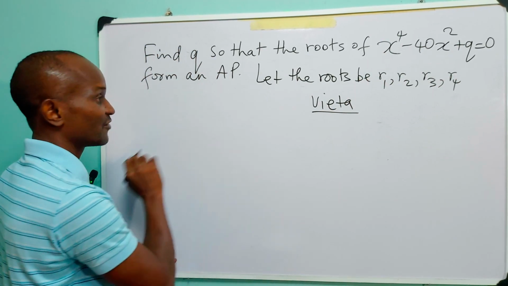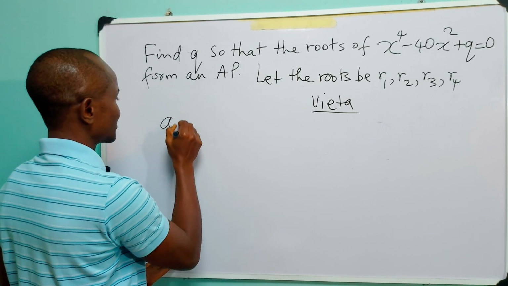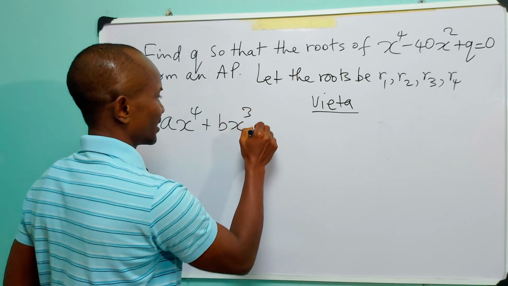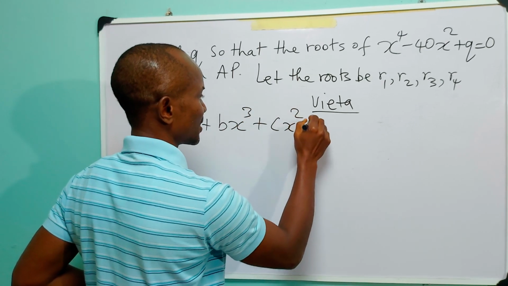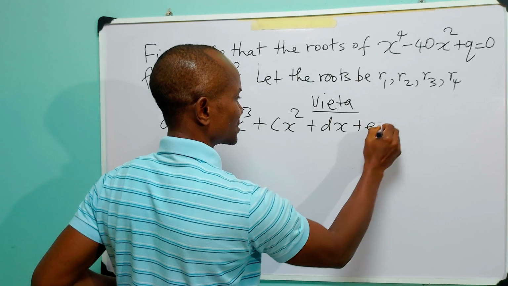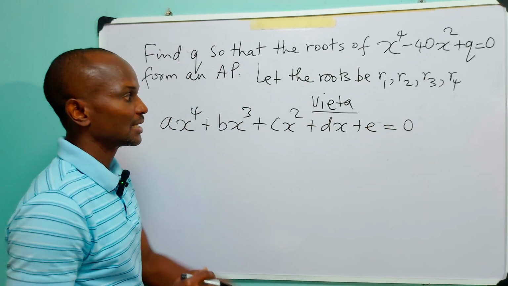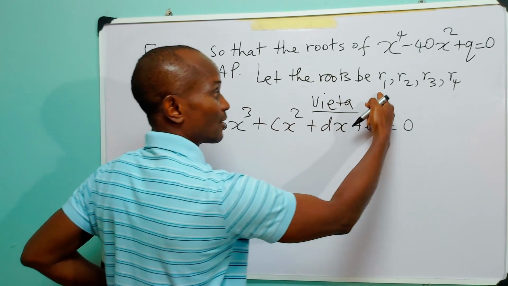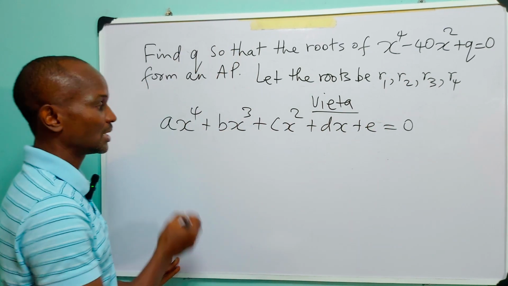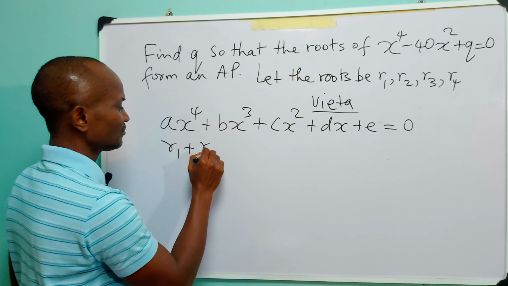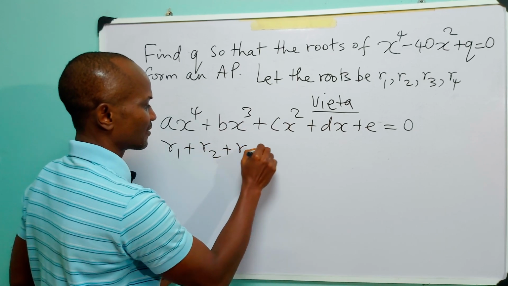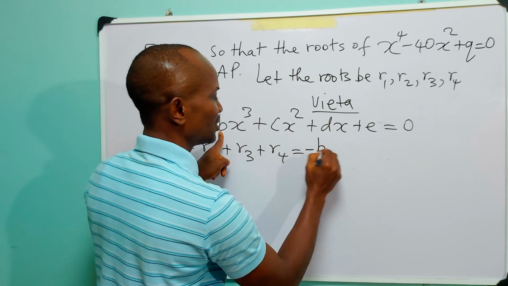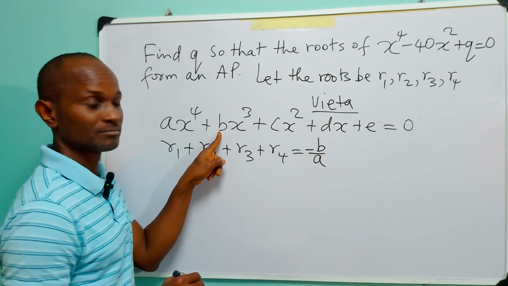For instance, if we have a fourth order polynomial, like so, ax raised to the power 4 plus bx raised to the power 3 plus cx squared plus dx plus e is equal to 0, and the roots of this equation are R1, R2, R3, and R4, then R1 plus R2 plus R3 plus R4 is equal to minus b over a.